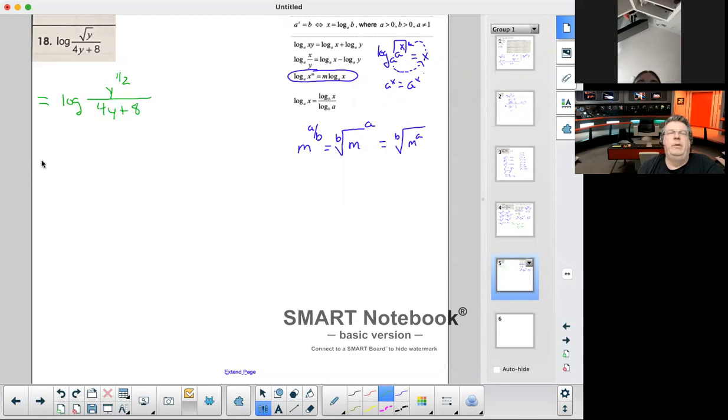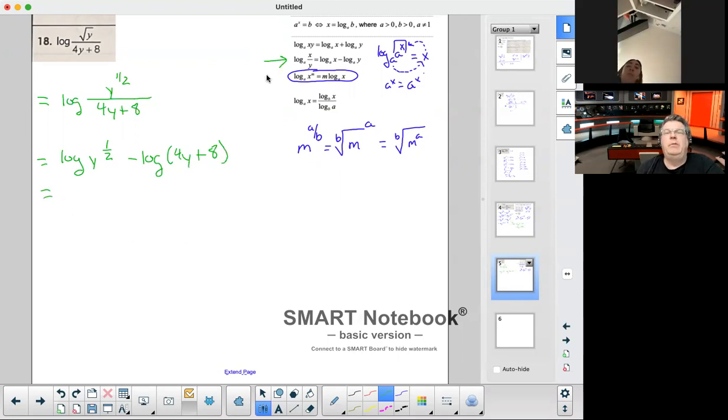Okay, so we have a division, which means I can use this rule and rewrite this as log y to the 1/2 power minus log of 4y plus 8. Is that okay?